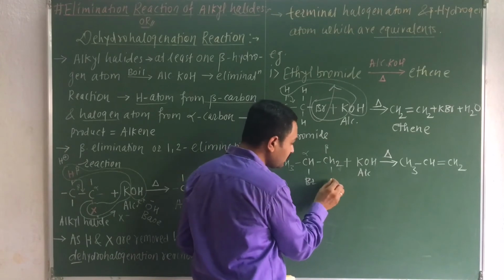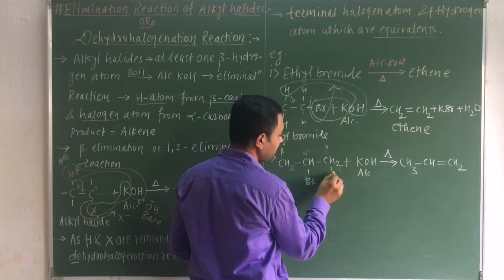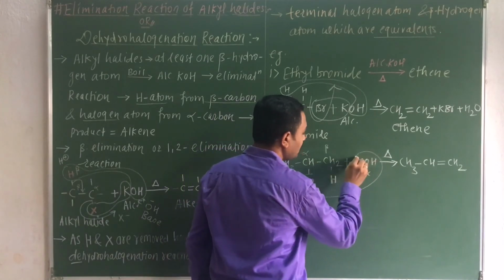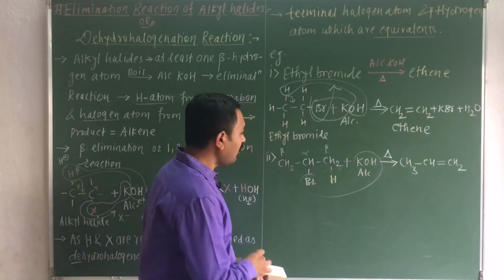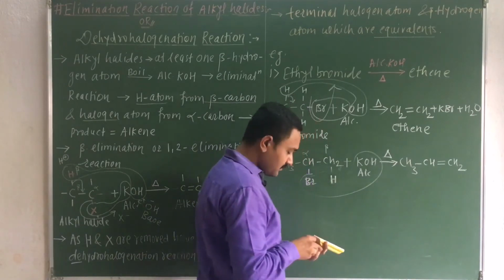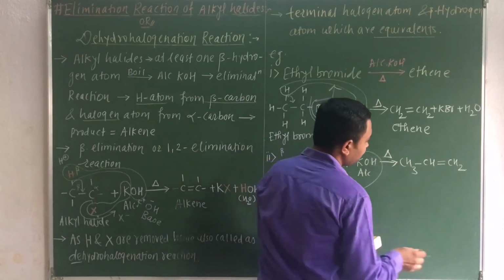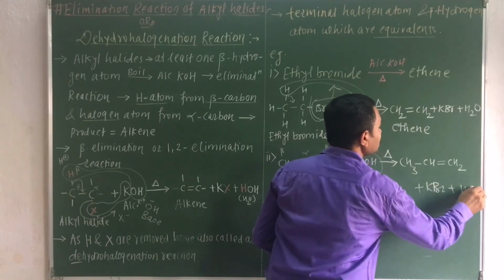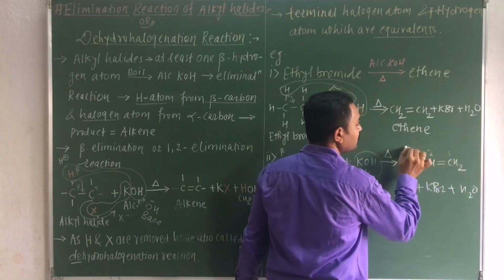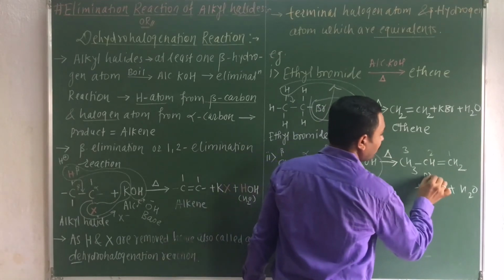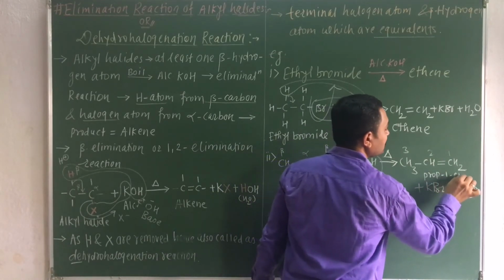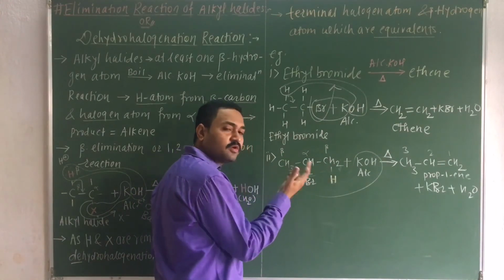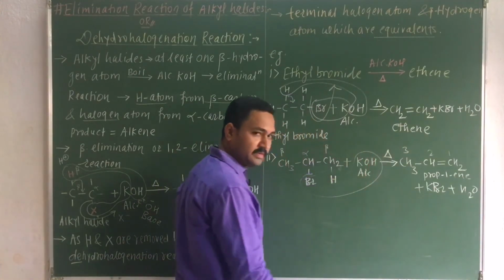Actually here we are removing this beta hydrogen atom and this bromine with your KOH. All this forms the byproduct, that will be KBr plus H2O. This leads to the formation of propene, or prop-1-ene. Or you may remove the hydrogen atom from the other side, you get the product as propene.